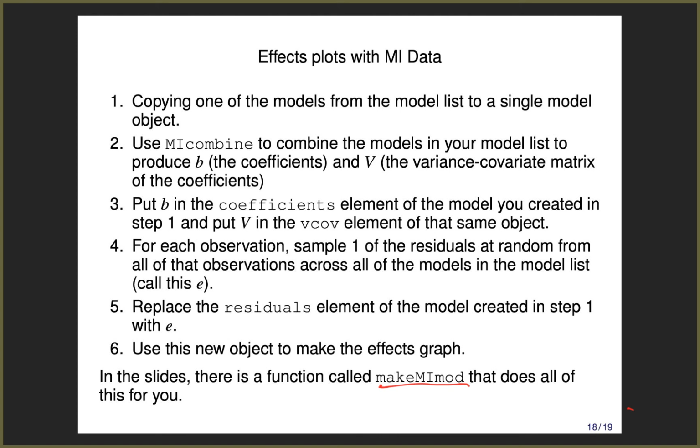What it really does is it makes a sort of fake one-model object that has all of the right stuff in it from our imputation model. So what this will do is it will build an object that will basically trick the effects package into thinking it's working on a single-shot GLM, when in fact all of the stuff inside of it comes from our multiple imputation model.